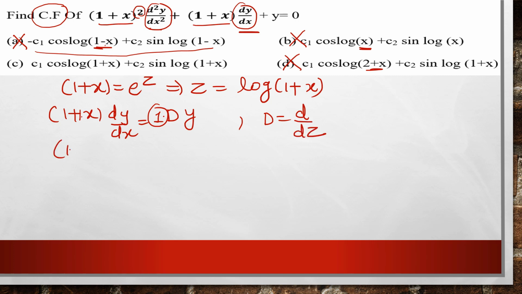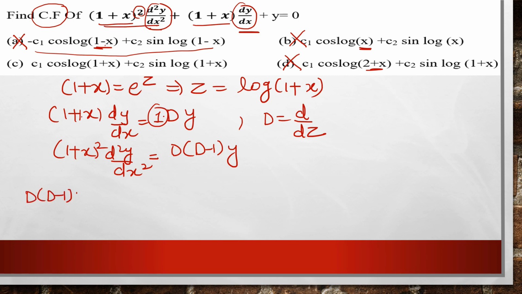And similarly 1 plus x square d square y over dx square will be equals to D into D minus 1 into y along with b square. So b square is 1, so we don't need to write this. If you place these values in the given equation, what will you get? D minus 1 y plus Dy plus y equal to 0. So this will be D square minus D plus 1 y equal to 0.